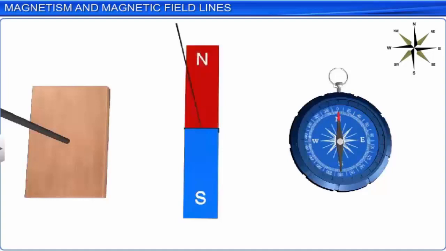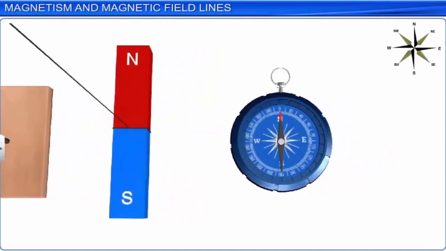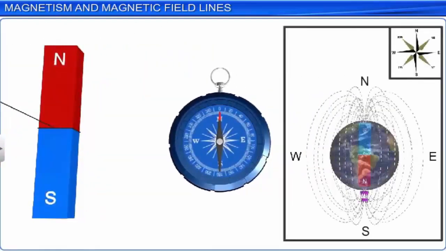And the other end points to the geographic south pole, called the south-seeking pole or south pole of the magnet. This is because the Earth behaves as a huge bar magnet with its magnetic north pole located near the geographic south pole and with its magnetic south pole located near the geographic north pole.